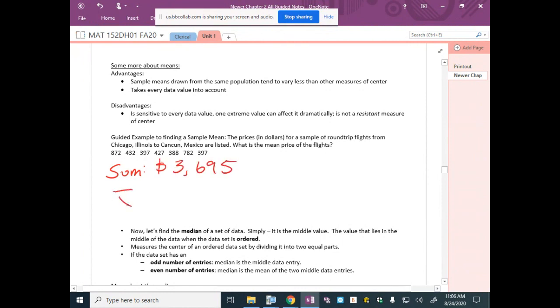So the mean, we would take that $3,695 and divide it by what? 7. Now, round it to the nearest penny, so the mean price is going to be $527.86.